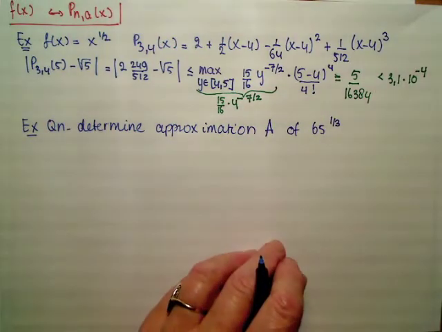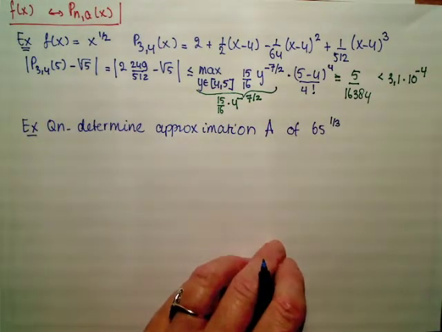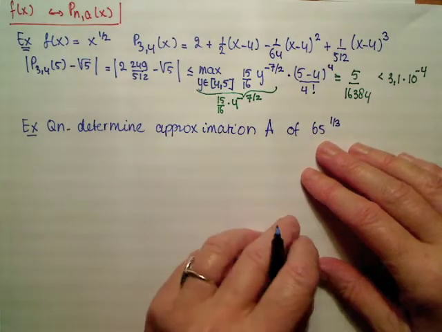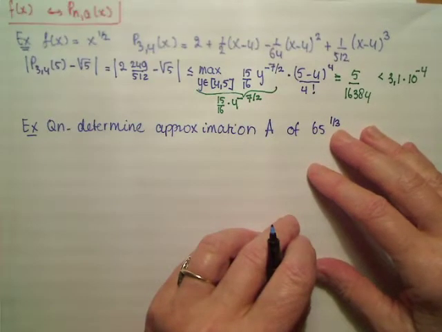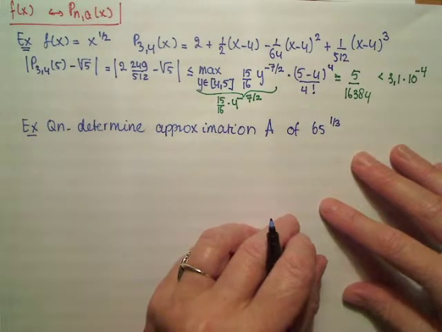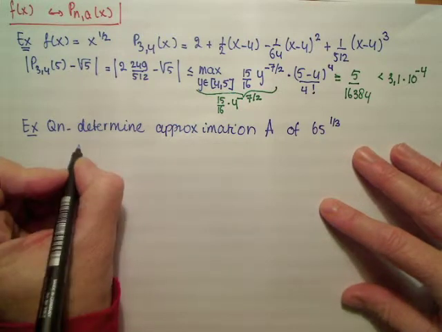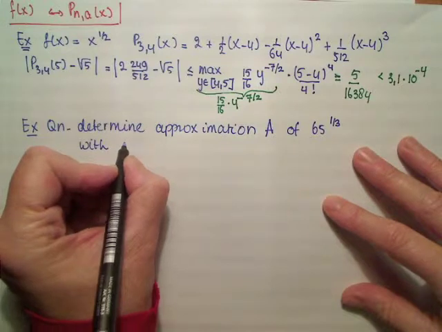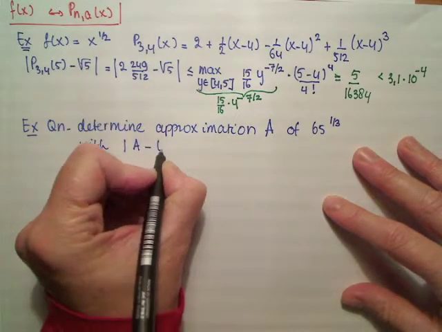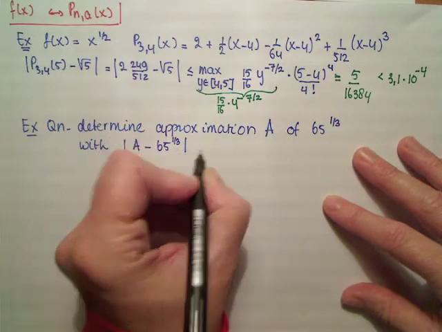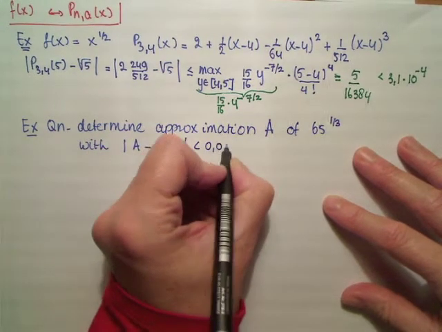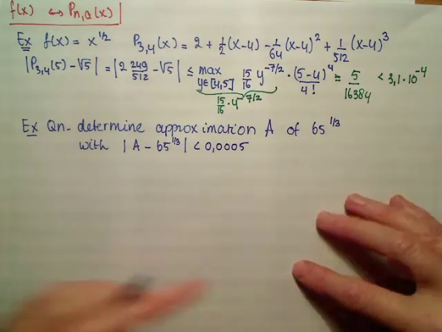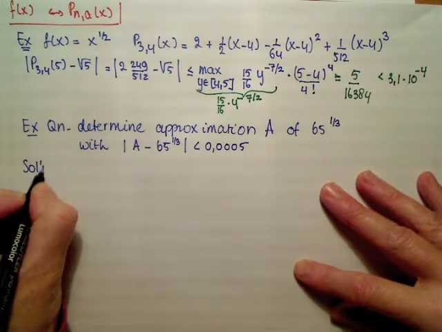So this could typically be a question that has to be solved when you plug in the value 65 to the power 1 over 3 into your calculator. And we want to have this approximation satisfy the restriction that the difference between the approximation and the desired number has to be smaller than 0.0005. So, okay, now how do we solve it?